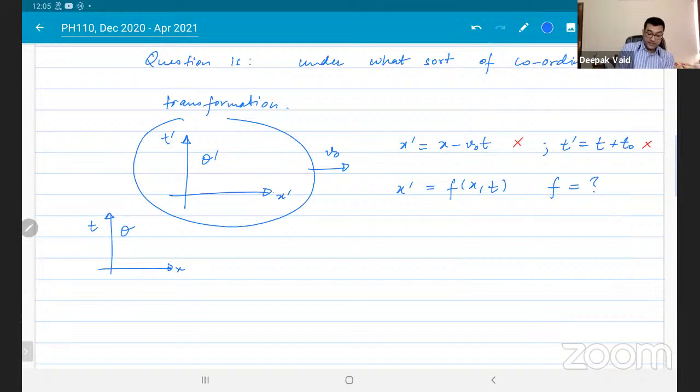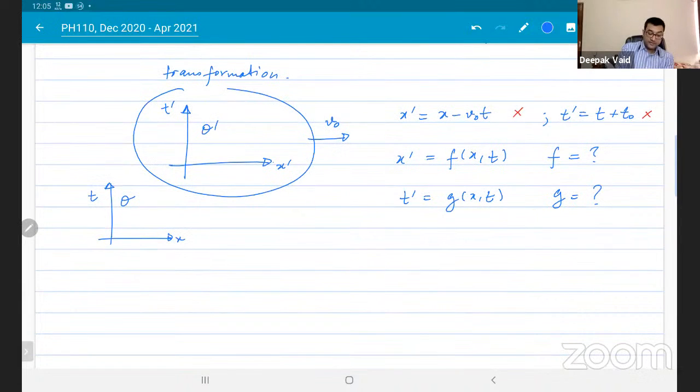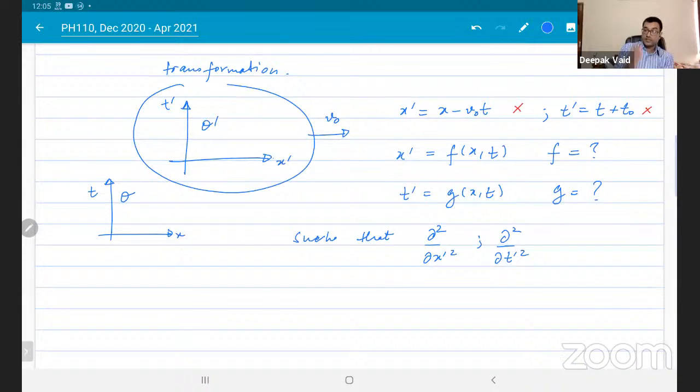So the question is what are these two functions f and g, such that when you go to the new coordinate system and you write down d by dx prime squared, and d by dt prime squared, the wave equation remains exactly the same.